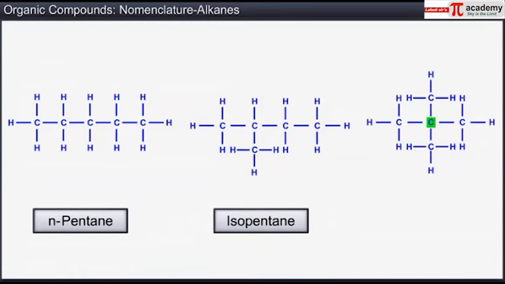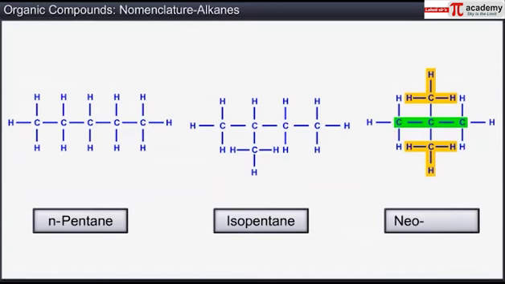If the carbon atom next to terminal carbon has 2 methyl groups as branches, is attached to a continuous carbon chain, then a prefix neo is given to the name of alkane. For example, for the structure shown here, which consists of 2 branched chains and is a 5-carbon system, the name given is neopentane.